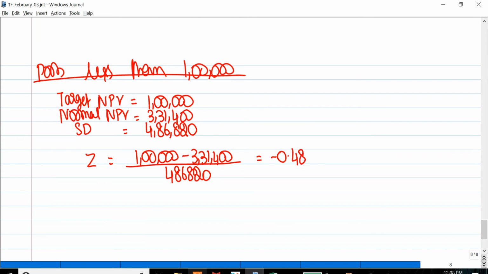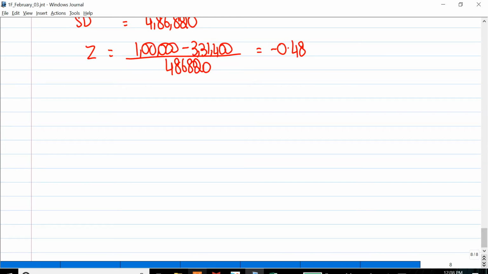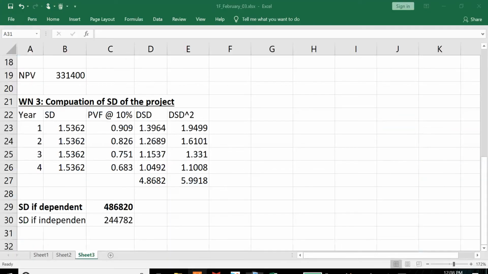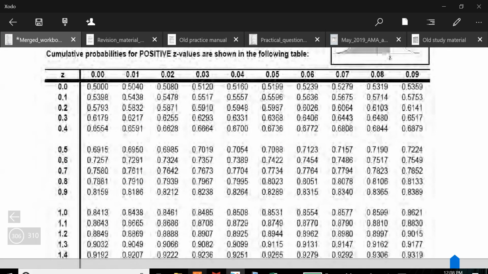Minus 0.48, and let's get a probability for that.